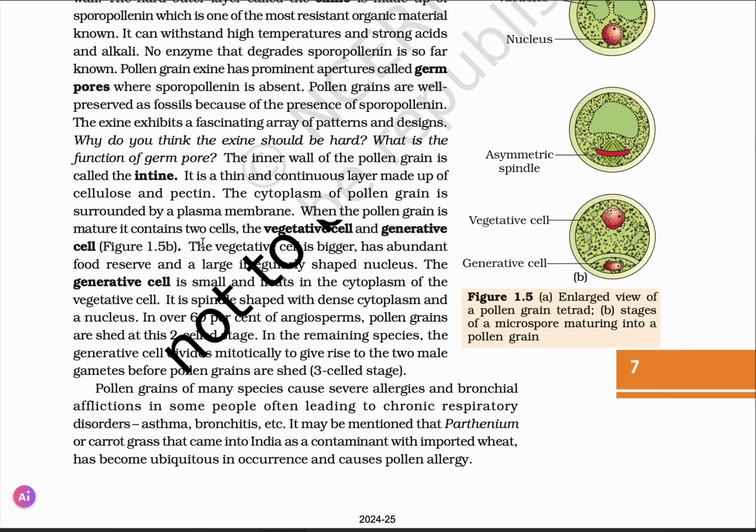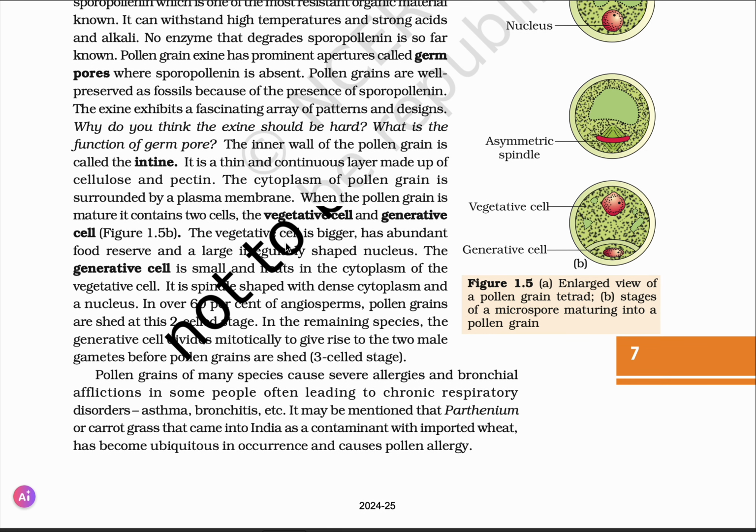And in figure 1.5b, the vegetative cell is bigger, has abundant food reserves and a large, irregularly shaped nucleus.